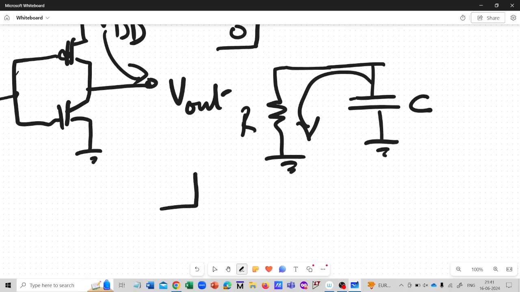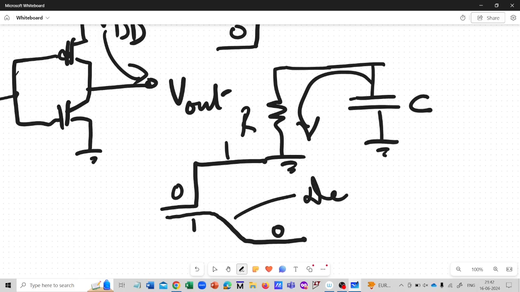So if you observe the output, it will exhibit the characteristics of a capacitive discharge, which means that you will have a waveform which is something like this. And the total time that it takes for the capacitor to discharge will be the delay to switch from logic 1 to logic 0. This is the switching delay.